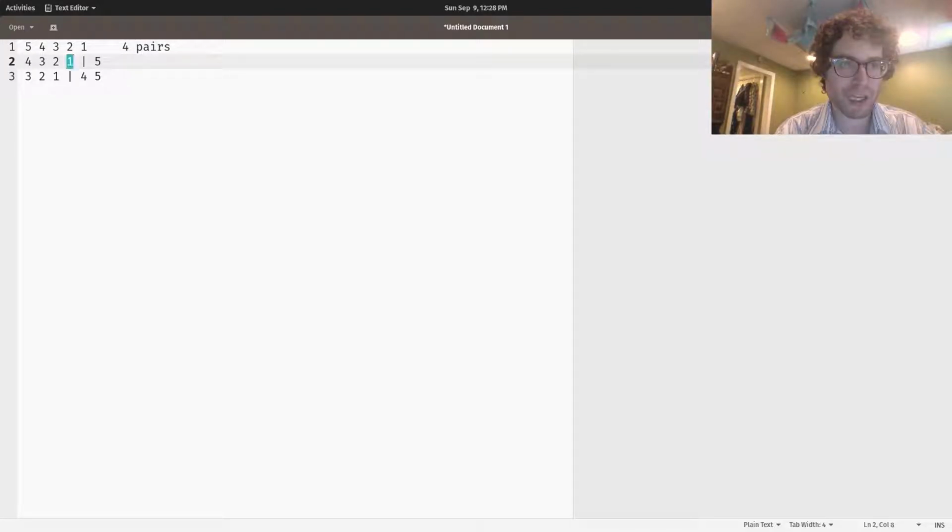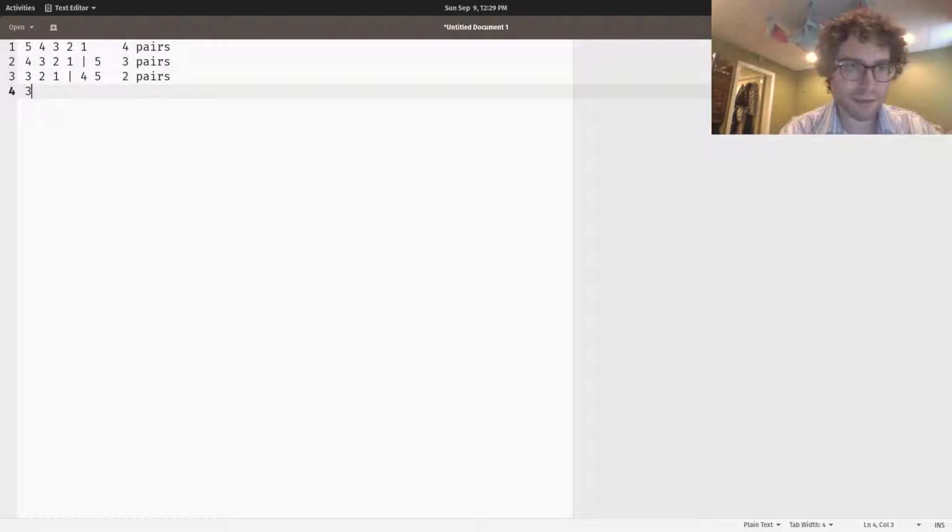Over here, we only have to check these items, which is 3 pairs of items. Then over here, we only have to check 2 pairs of items. And over here, we have to check 1 pair of items.